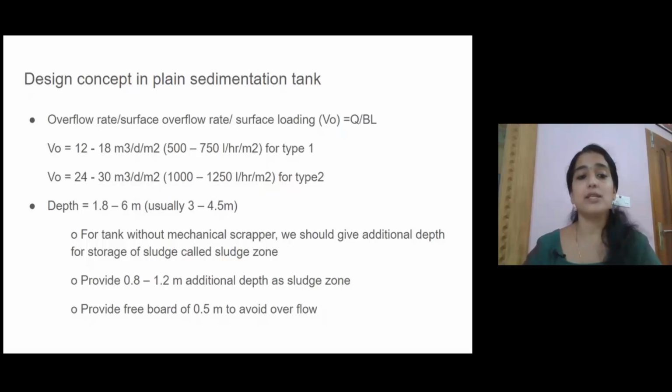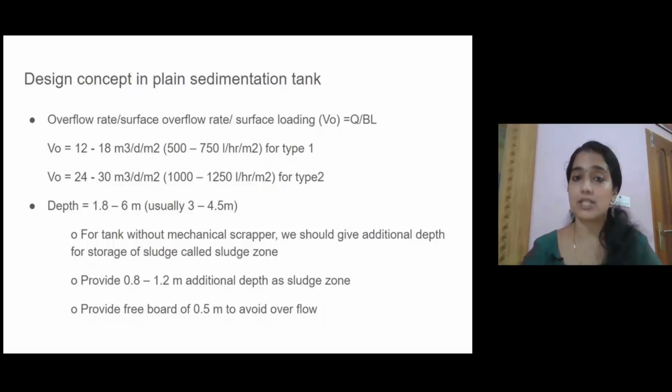In type 2 settling, we accept 24 to 30 meter cube per day per meter square cross-sectional area of the tank. That is 1000 to 1250 liters per hour per meter square.